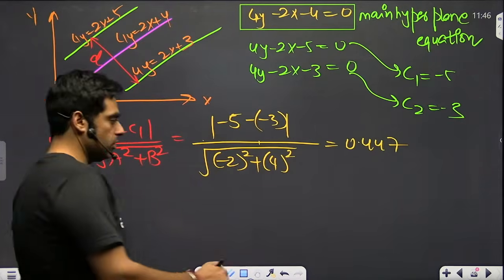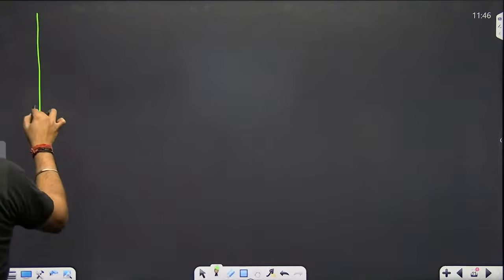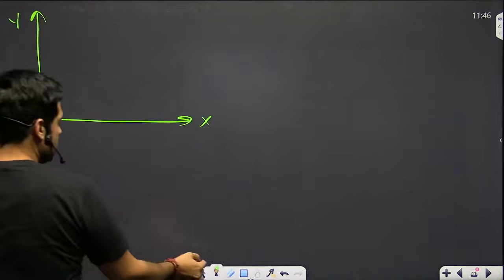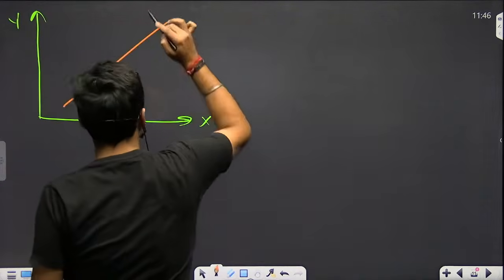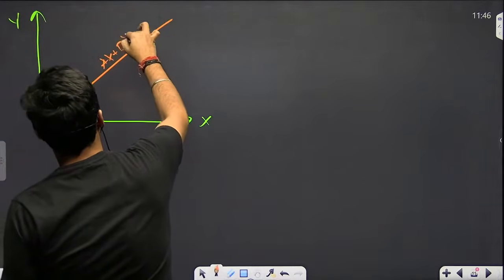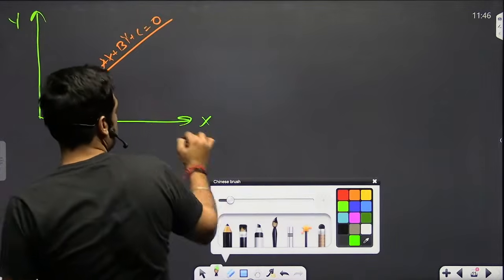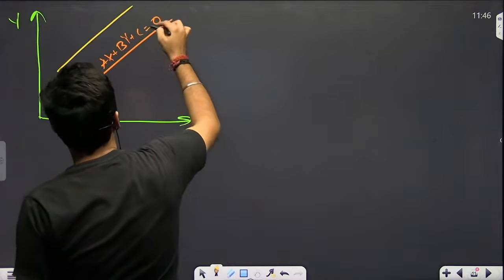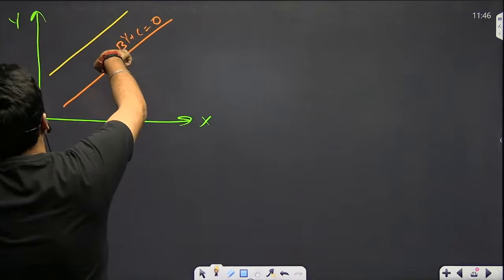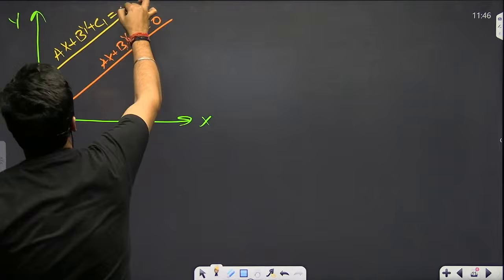Okay, so now I would like to summarize the points we have actually studied. For example, this is the independent variable, this is the dependent variable, this is the main hyperplane equation, ax plus by plus c equals 0. Then we have the positive support vector plane, which is parallel to the main hyperplane: ax plus by plus c1 equals 0.